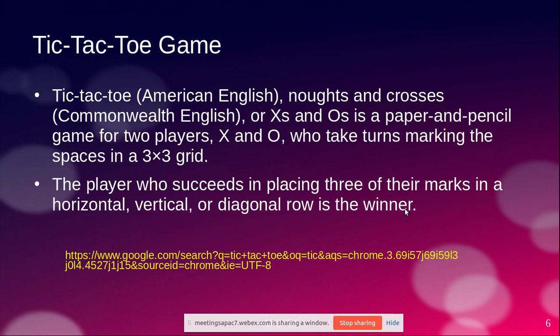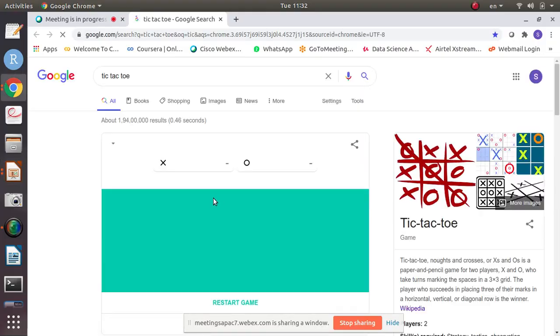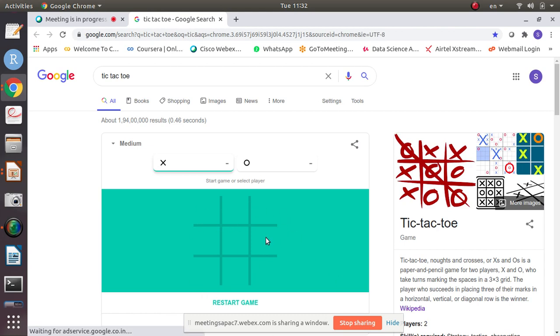So, again, let's look at a model, or in reality, let us once play and think what are we trying to do. That's a 3 by 3 grid here. This is our tic tac toe board, and here two players are supposed to play. In this case, computer is playing with us.